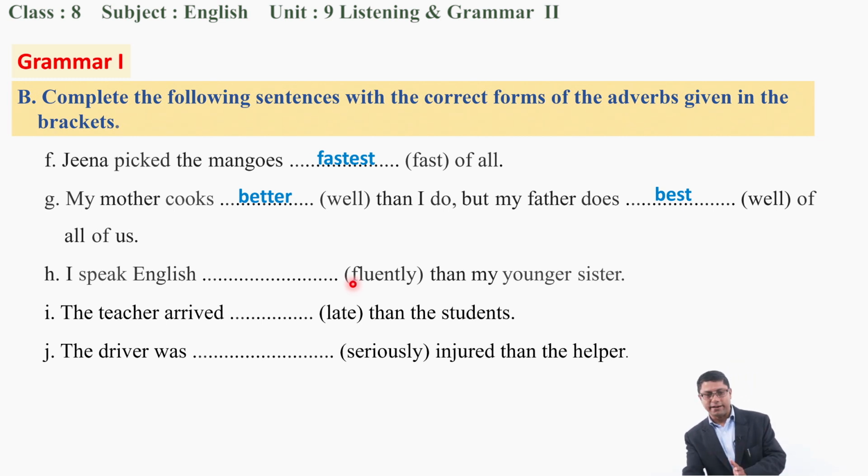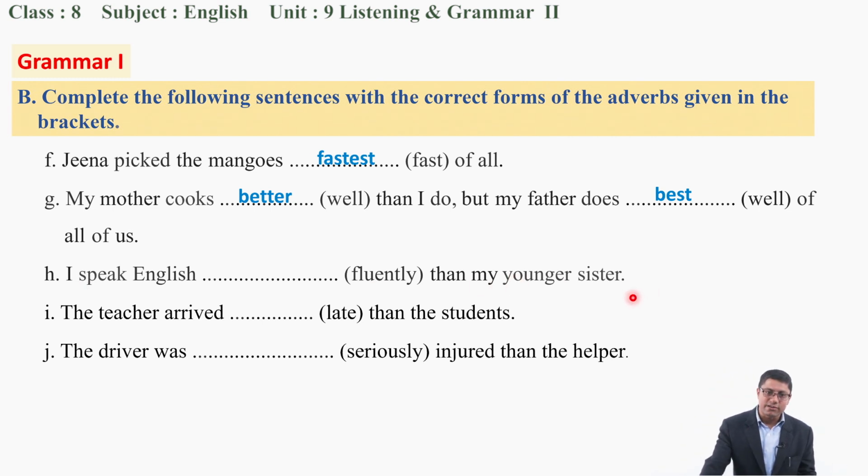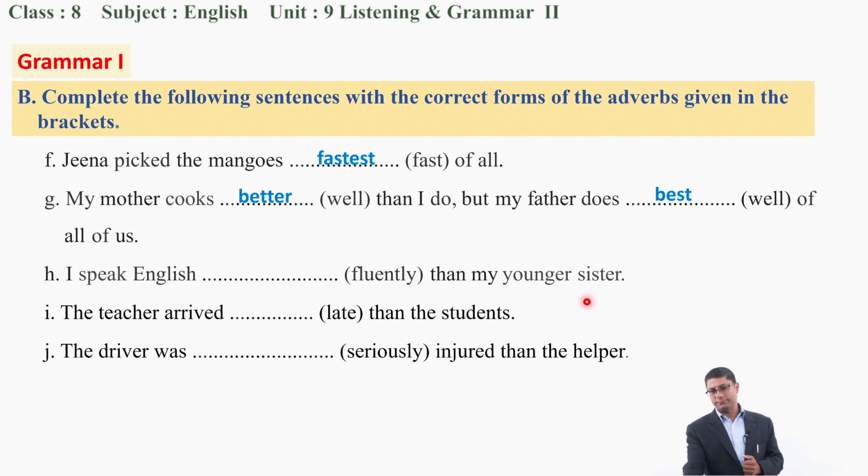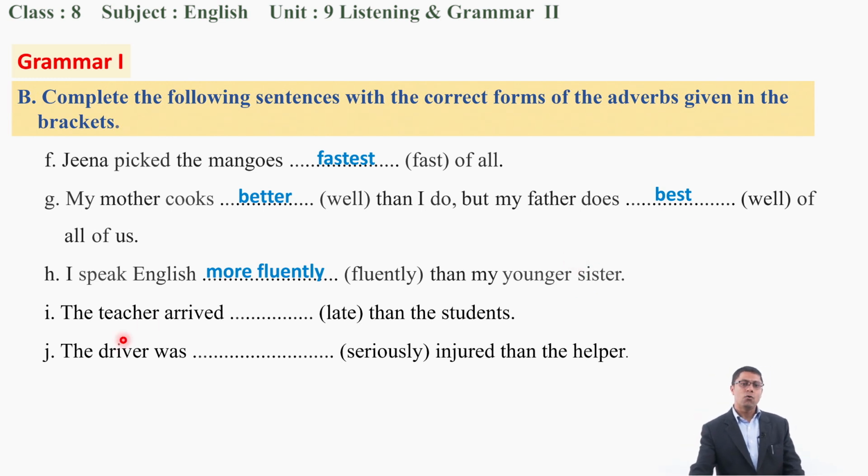Comparative or superlative? Okay, comparative, because there is comparison between two, I and my younger sister. And what's the comparative degree of the adverb fluently then? Okay, more fluently. Very good. I speak more fluently than my younger sister.